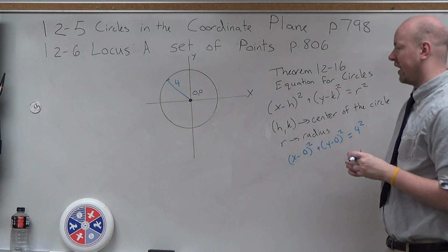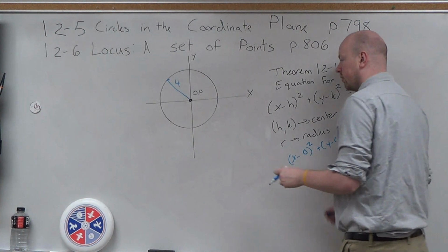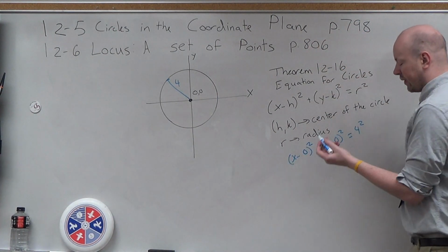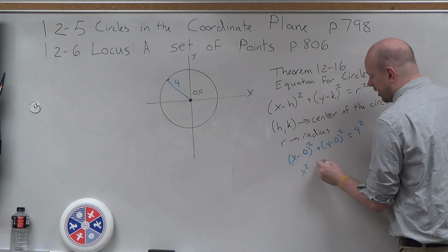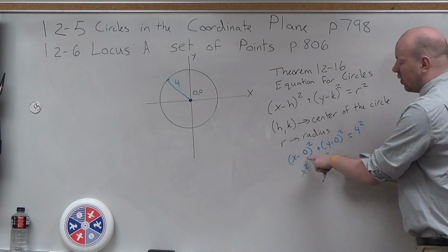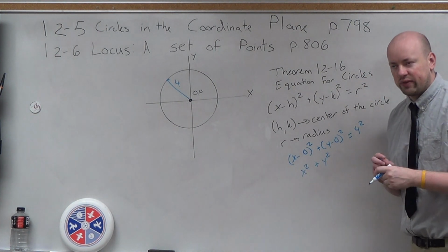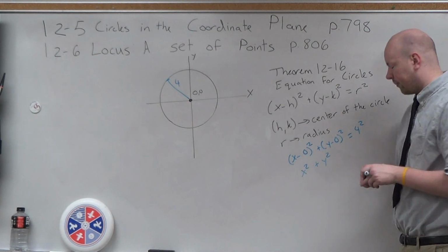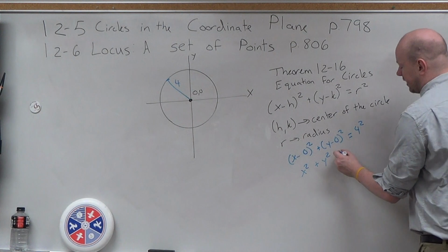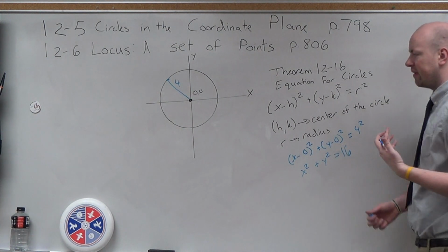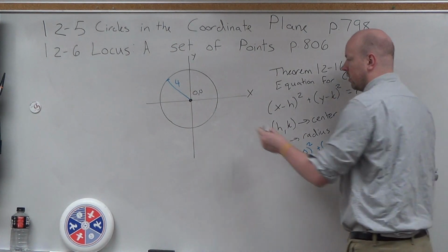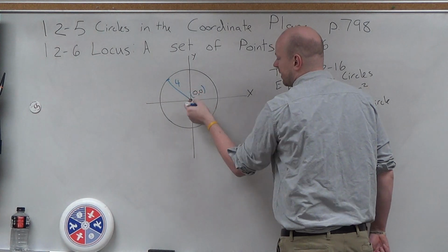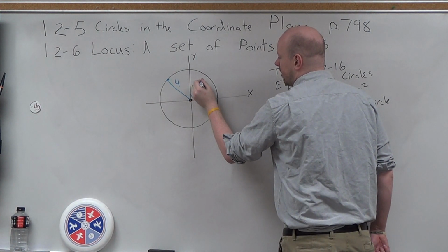And then there's a simplification I could do. So x minus 0 squared, that's the same as x squared and y squared. You can only do that for the origin, because if there's other stuff like x minus 1, just leave it in the parentheses. Okay, 4 squared is 16. So that would be a very base case, where in this case, again, my center is that h comma k.